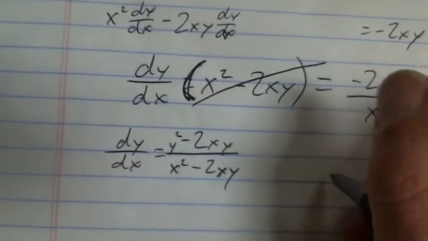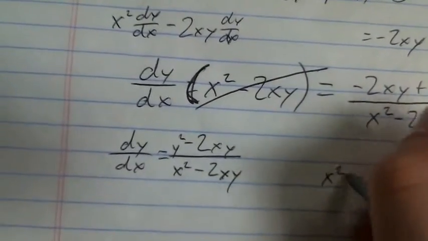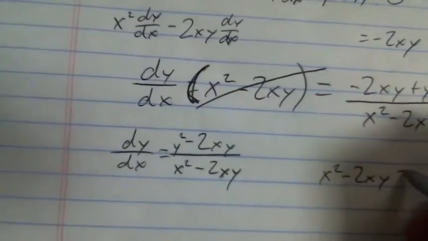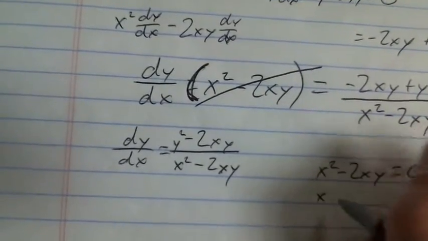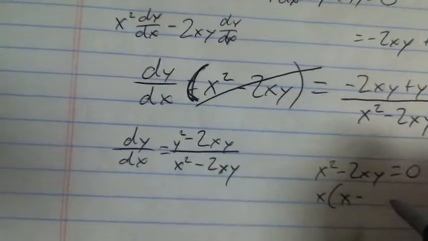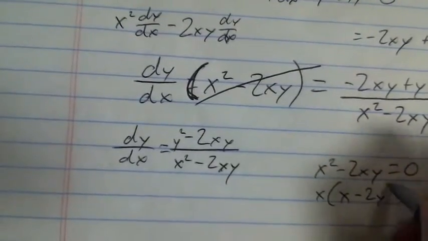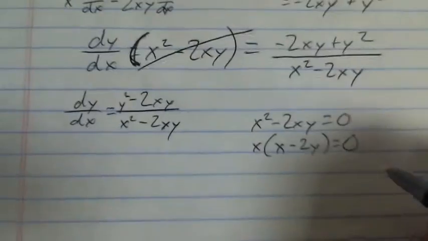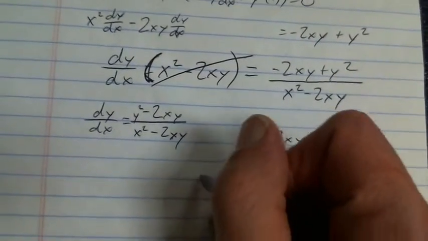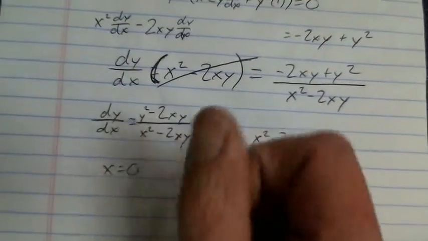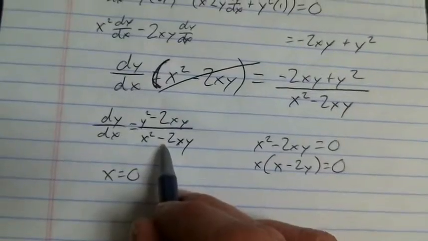So let's set it equal to 0 and see when that is. So x squared minus 2xy equals 0. We factor out an x, x minus 2y equals 0. And a 0 in either one of these makes it 0. So when x equals 0, that's the place where this is not defined.